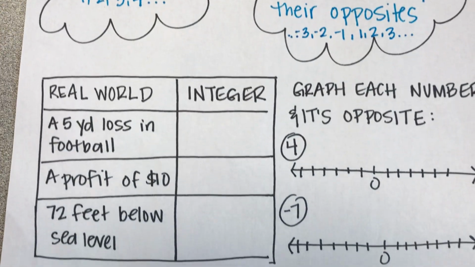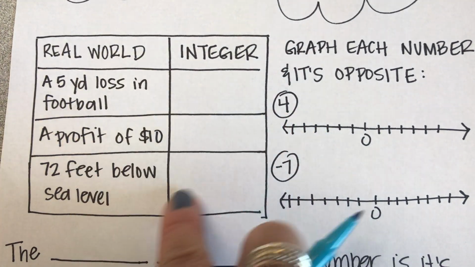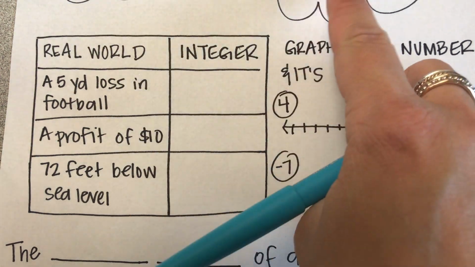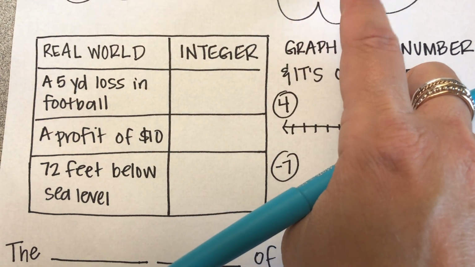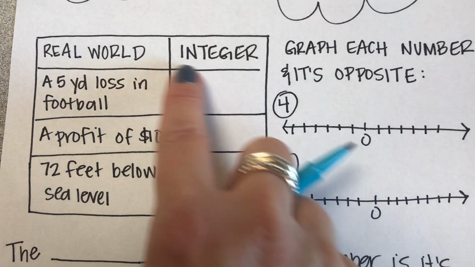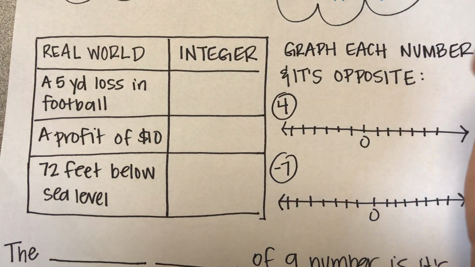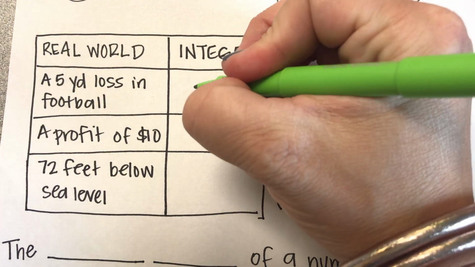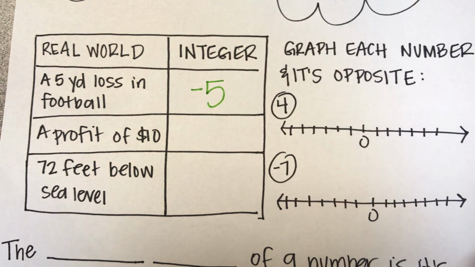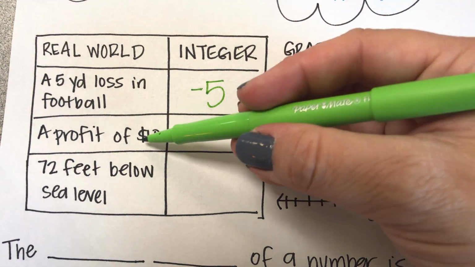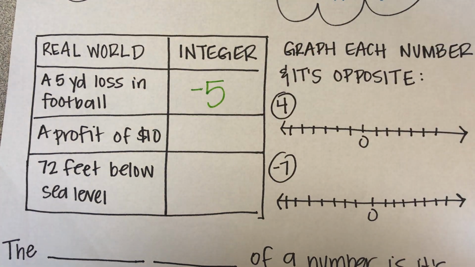So let's talk quickly about a couple of real world situations and then an integer, right? A positive or negative whole number that would represent that situation. So if we're playing football and you lost 5 yards, does that suggest +5 or -5? -5. What if you have a business and you have a profit of $10? So you have a lemonade stand and you profit $10.